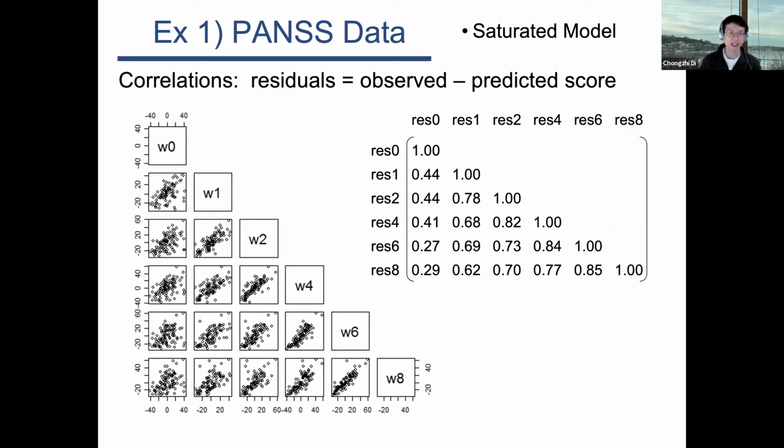The way to calculate the correlation, once you have a good mean model, is to fit a mean model. For example, you could use any of the previous mean models that we just explored, and then you calculate the residuals, which is the difference between the observed and the predicted score for each individual. Then at different time points, you can plot the pairwise scatter plot to give you some idea, right?